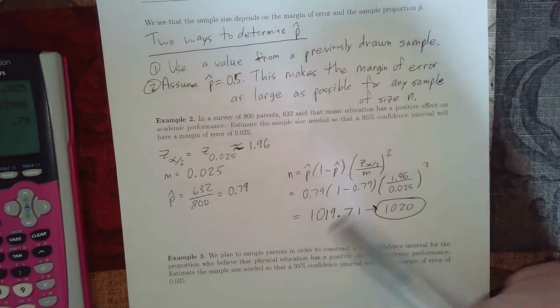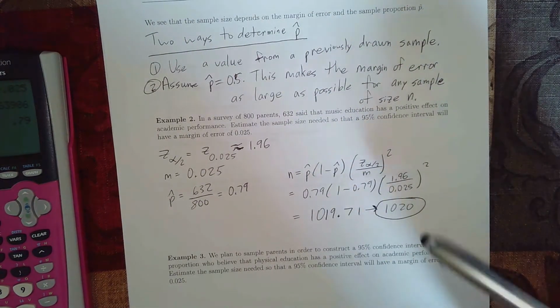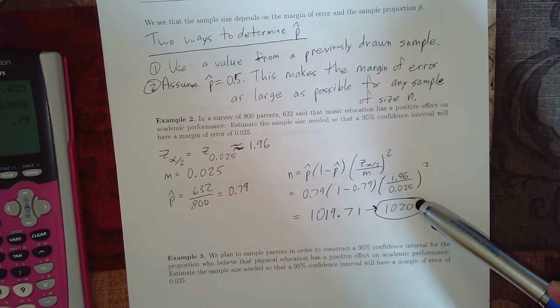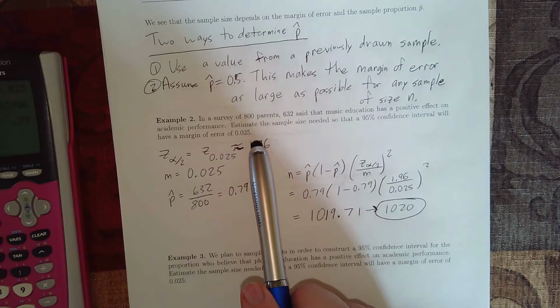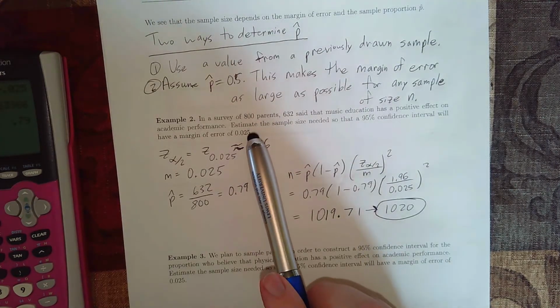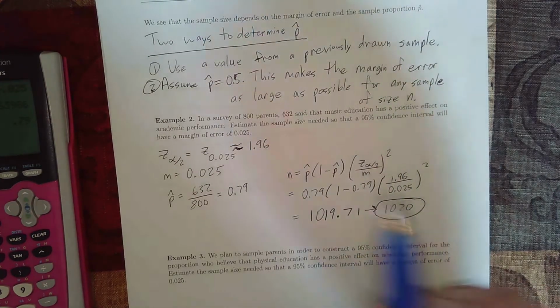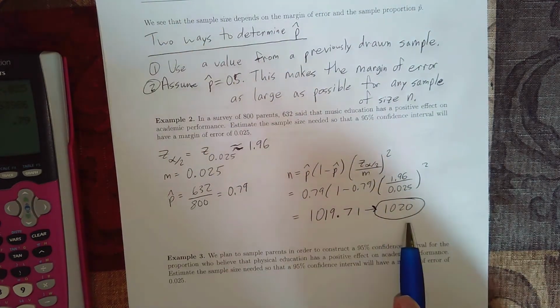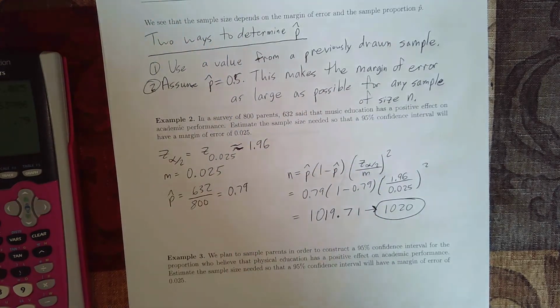And so what we calculated is that if we had a sample size of about 1020, we would expect the margin of error to be very small, so that we would end up having something that varied above and below by no more than 0.025. We only have 800 people, not 1,020. So we're using this survey as a guesstimate for what we think the overall impact would be, and so we can't really use this as our exact margin of error.